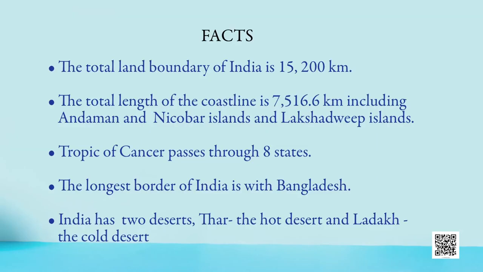So, now I hope you are very clear about all the facts about India. There are a few more facts coming on the screen, like India has two types of desert, both cold and hot desert. Tropic of Cancer passes through the center of India, dividing India into almost two equal parts.